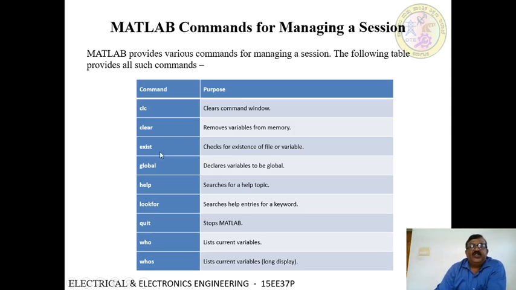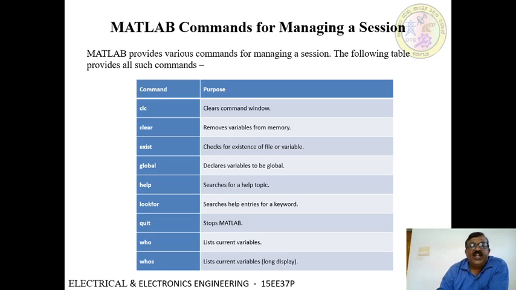For example, you can use some word with the exist command, for example exist x. If x is a variable which is used in your program, it will display x. Suppose you use x as a file name, then the result of this exist command is different.